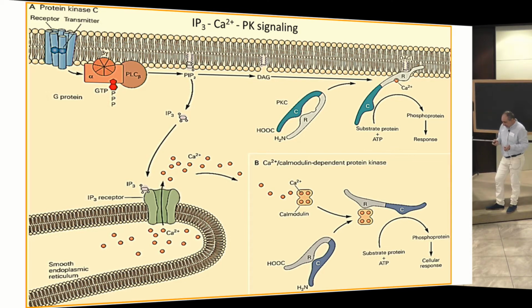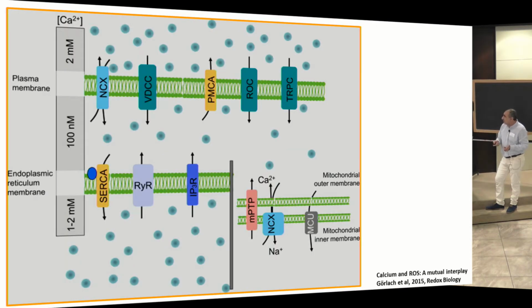Now I wanted to remind you of this complicated machinery, which is mainly neuronal, but also exists in many other types of cells. There are many sources of calcium influx, which are all kinds of channels, for example, TRP channels, ligand-gated channels, and voltage-gated channels.